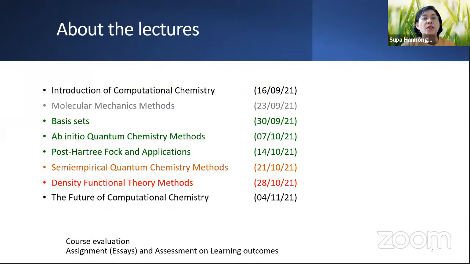So we need to know what a basis set is, and how many types of basis set we use, especially nowadays. And for the post-Hartree-Fock methods and applications, which we will consider in the next two weeks, I think you may have an idea about ab initio and its applications.